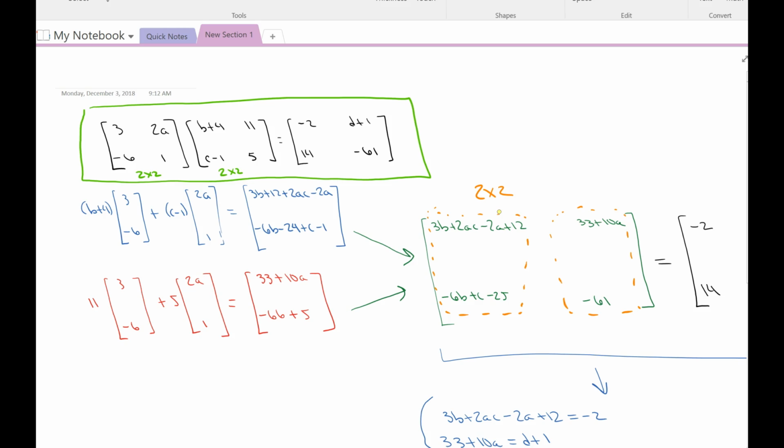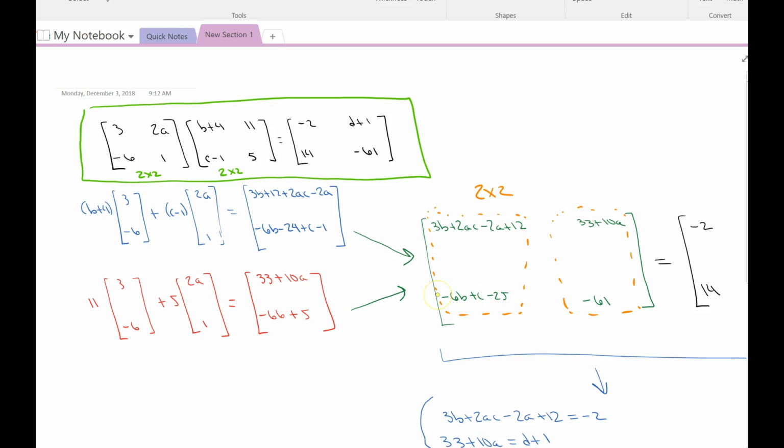All right, so the first column of the product is going to be the first column of the right-hand side multiplied by the columns of the left. So you see B plus 4 times 3 negative 6, C minus 1 here times 2A and 1. And here's the result of column 1, and I just plop that into column 1 here.